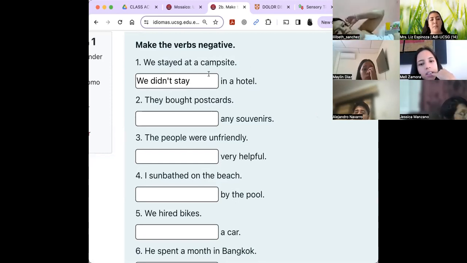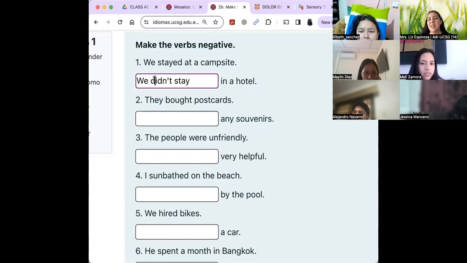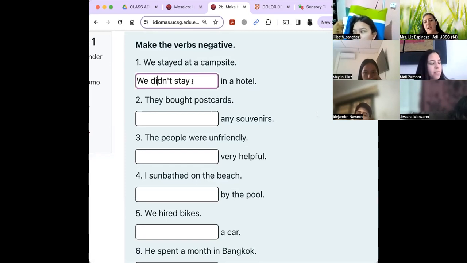Is it okay if I put stay with ed? No, because if you put the past in the auxiliary, it's enough. If you put the past in the auxiliary and in the verb, it's wrong. So when you're using auxiliaries in the negative form, you don't need to put the past in the verb.